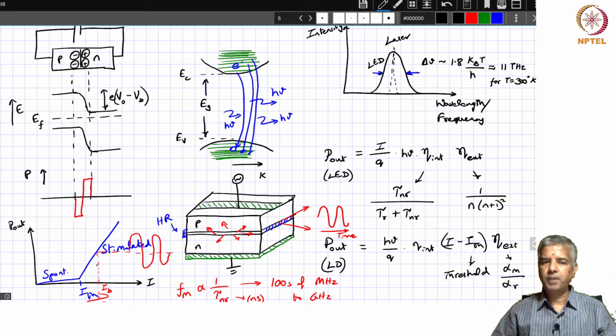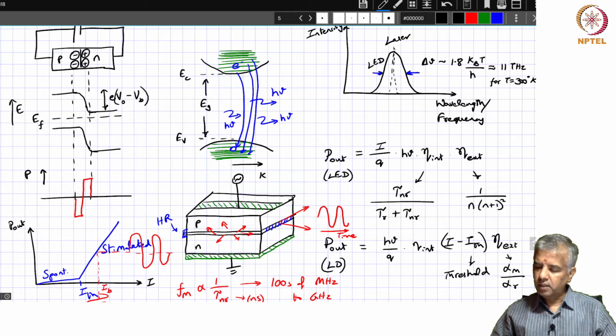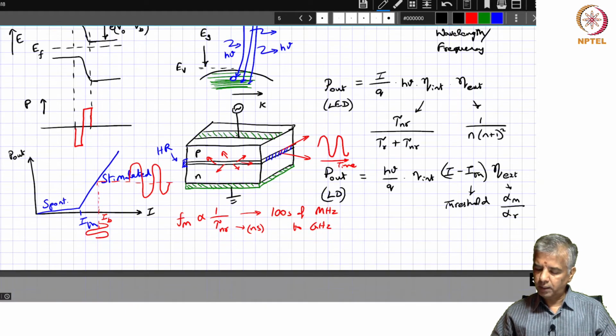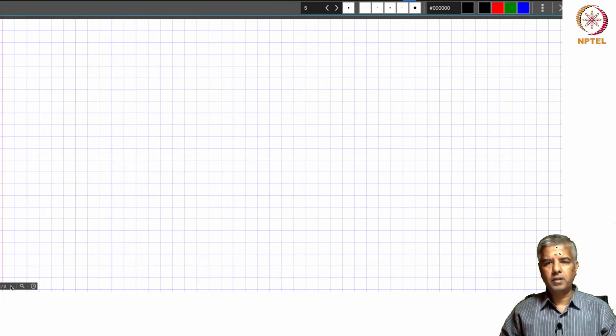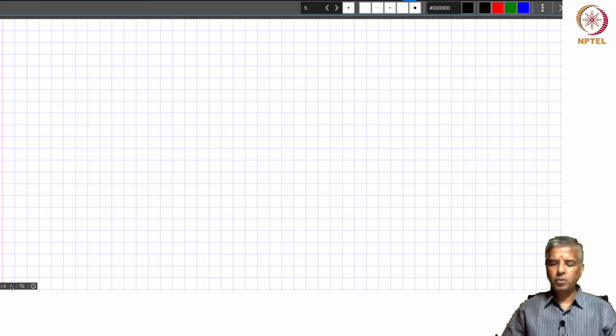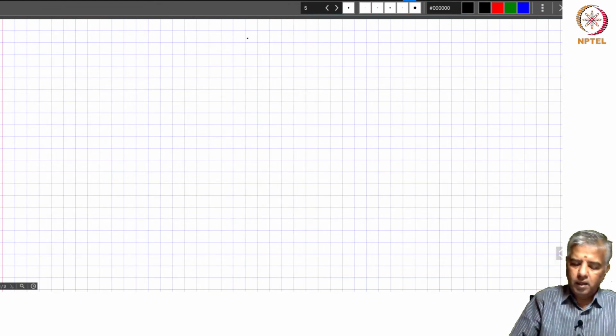Okay, and we looked at how we could possibly modulate that light and all. So let's actually move on to the topic of interest for us today, which is optical receivers.